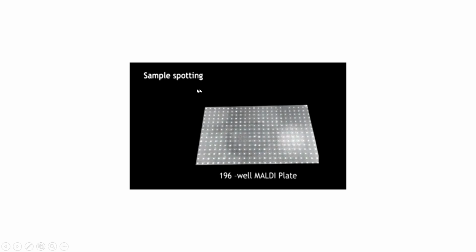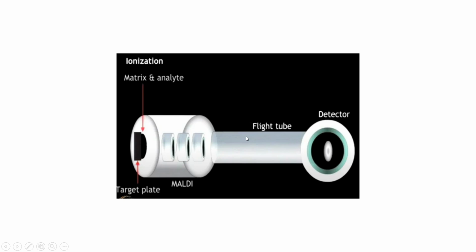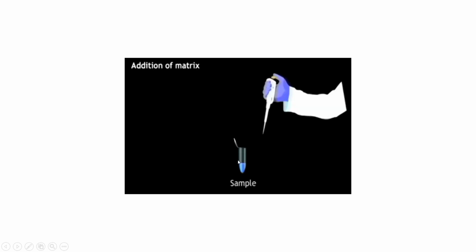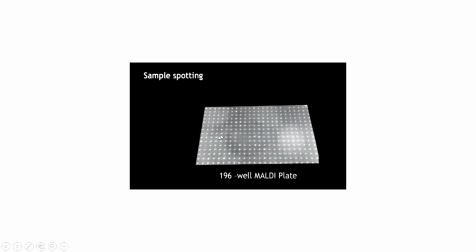Once you have that, this is how the sample plate looks. You add the samples here accordingly, and after adding the matrix, we incubate and then add the samples on the 196 well MALDI plate. So you can analyze 196 samples at a go using MALDI.